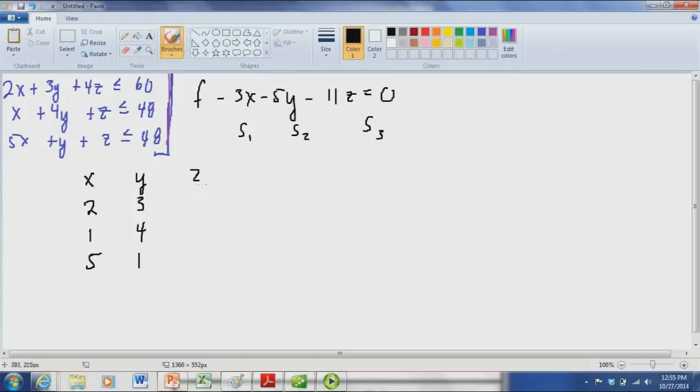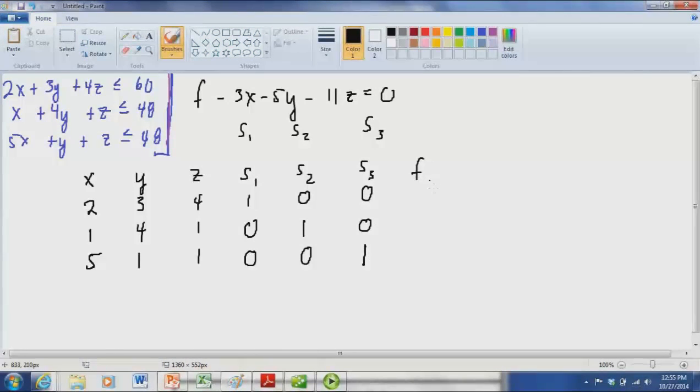Next column, all my z values: 4, 1, 1. First slack value, 1, 0, 0. Second slack value, 0, 1, 0. Third slack value, 0, 0, 1.